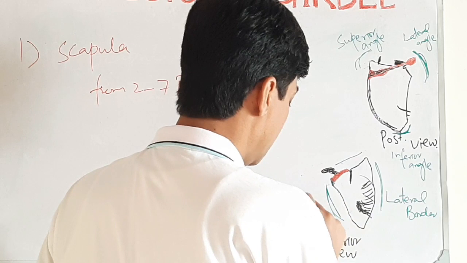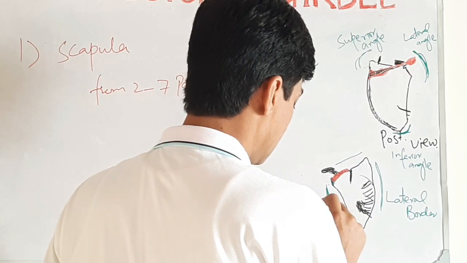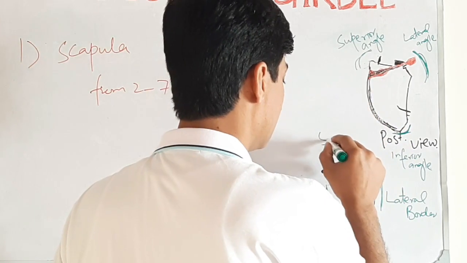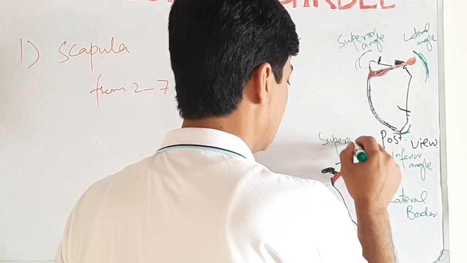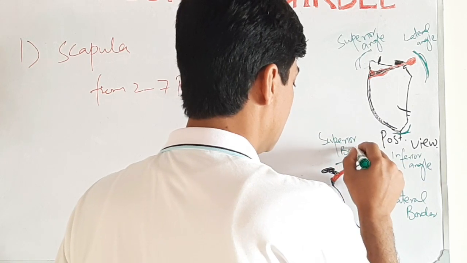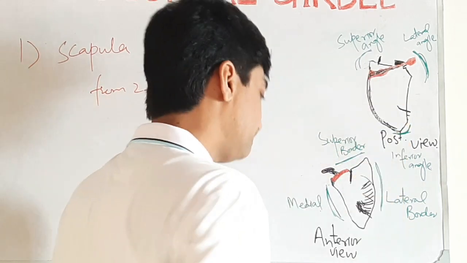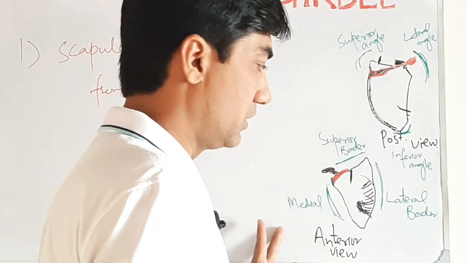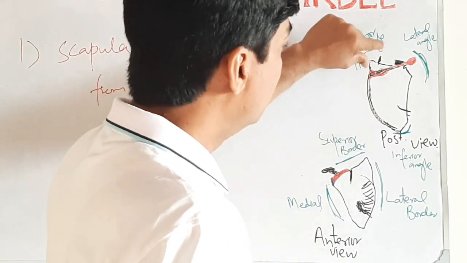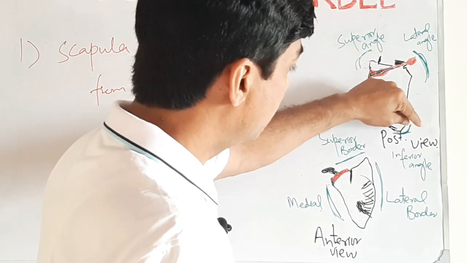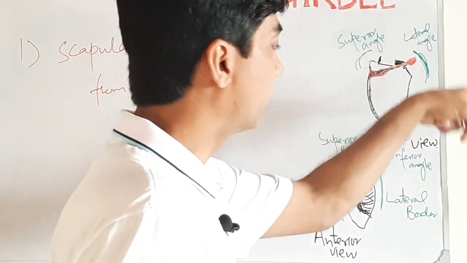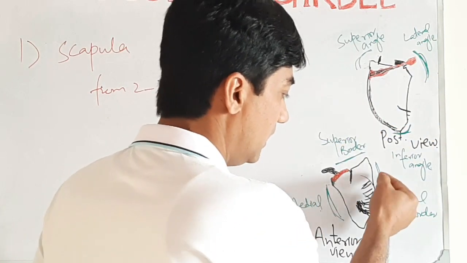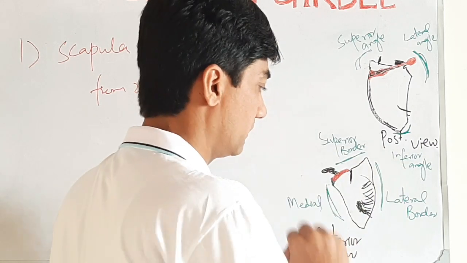This is the medial border, and that one is the superior border. Three angles and three borders. The angles are the superior angle, the inferior angle, and the lateral angle. And the three borders are the medial, lateral, and superior borders.